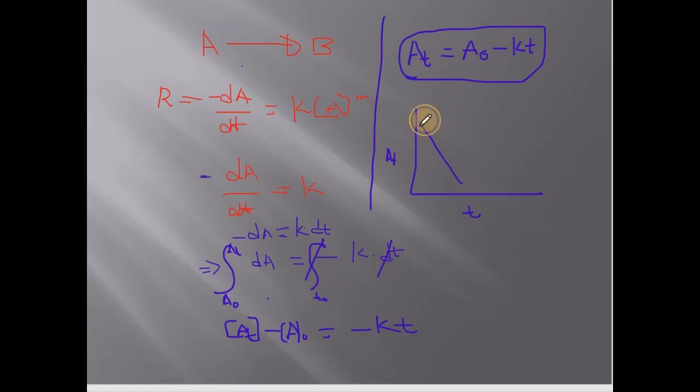So when it goes this way, the point on the y-axis where the curve cuts is the A naught, which is the initial concentration of the A. Now the slope of this graph is what? Negative k. So for every zeroth order reaction, or when you see any graph where a plot of the concentration of the reactant at individual times against the time itself gives a negative slope or a graph of this nature, then that reaction is a zeroth order reaction.